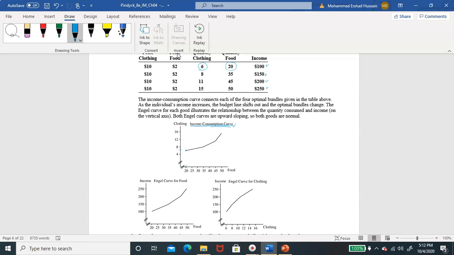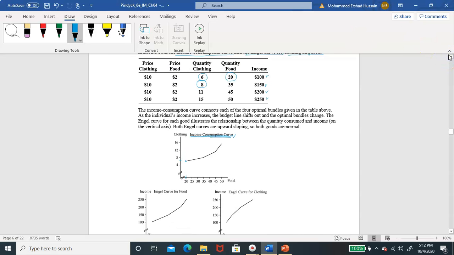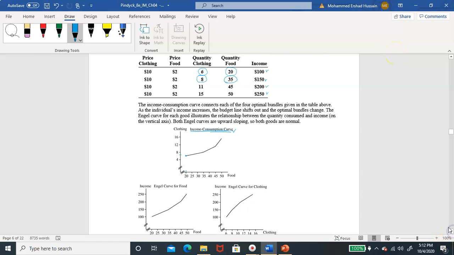And then when they are consuming 8 units of clothing, 35 units of food. 35 and 8 units, right? This one here. Then this is 45 and 10.